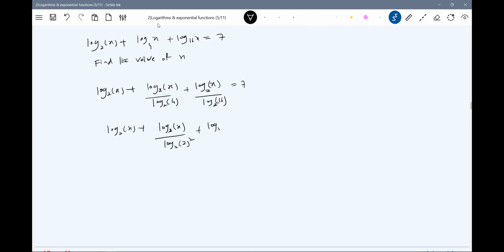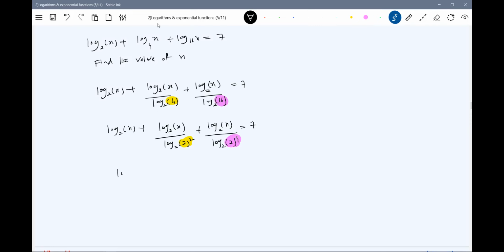4 as 2 squared, and 16 I can write as 2 into 2 into 2 into 2, that is 2 to the power of 4.